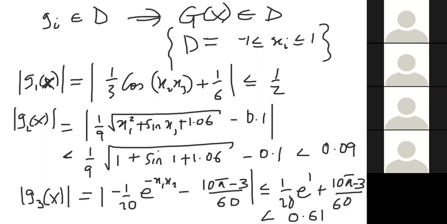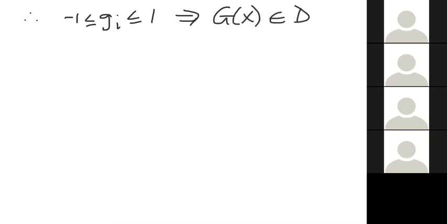Okay? So what we have seen is that all the absolute values of gi are less than 1. So by doing that, we'll be able to conclude that each gi is in that interval. So in other words, it will be in D. Okay, so from here it means g of x is in D.